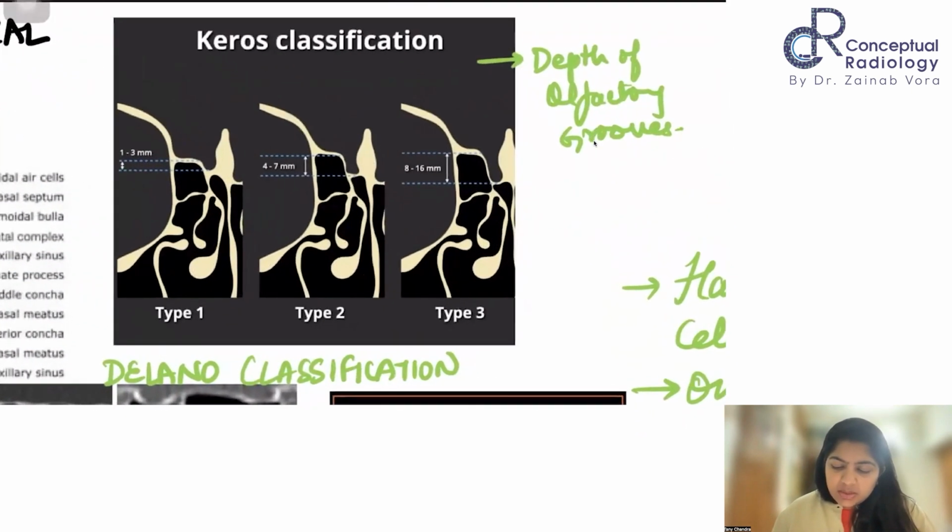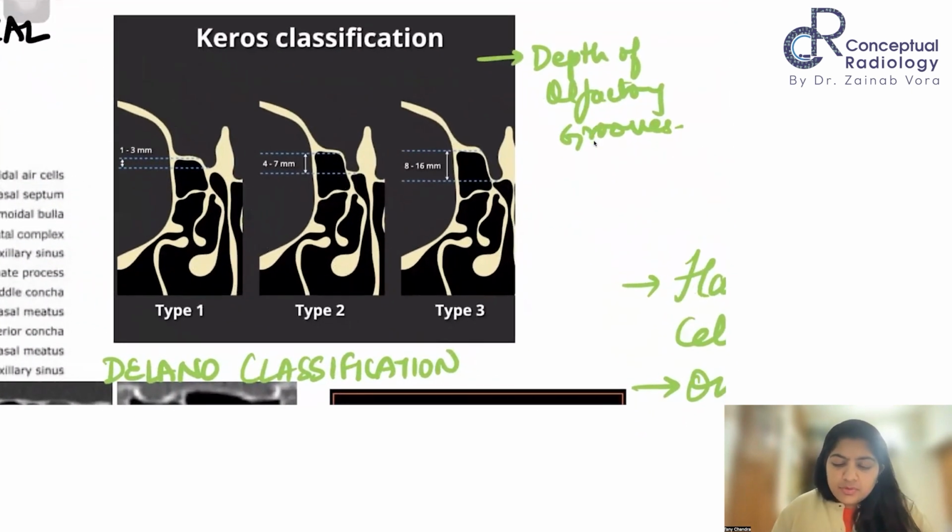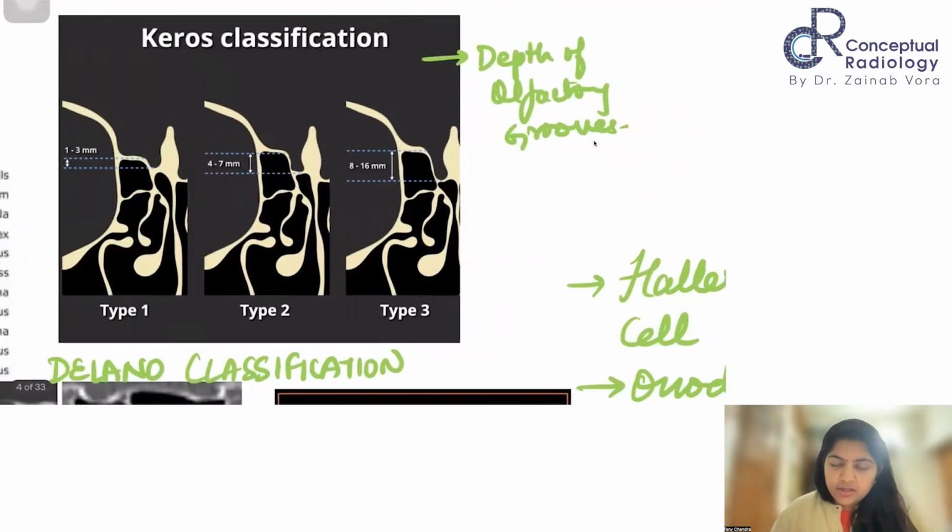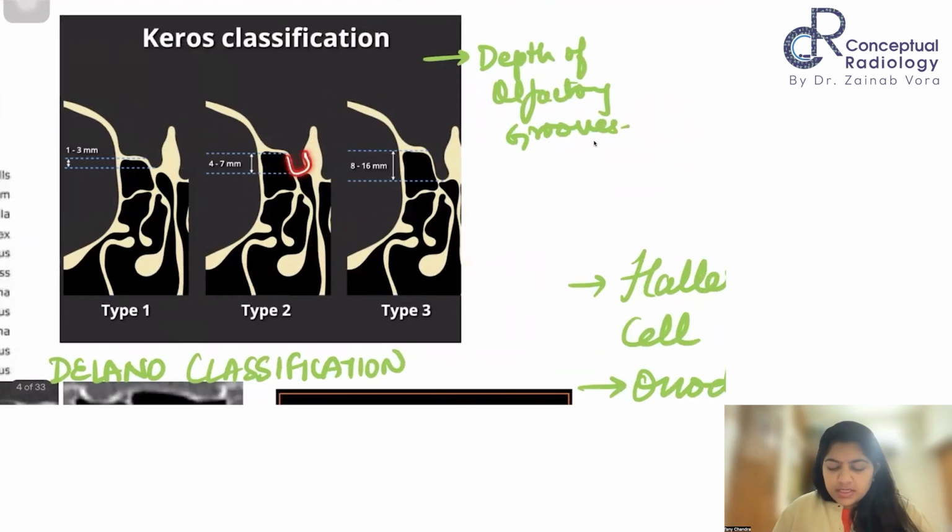So what happens in Keros classification? We have to see the depth of the olfactory groove. As we are going to approach the nose for an endonasal surgery, we need to understand the depth of this, right? Usually, most patients have a depth of 4 to 7 mm. This is at the cribriform plate region, okay?